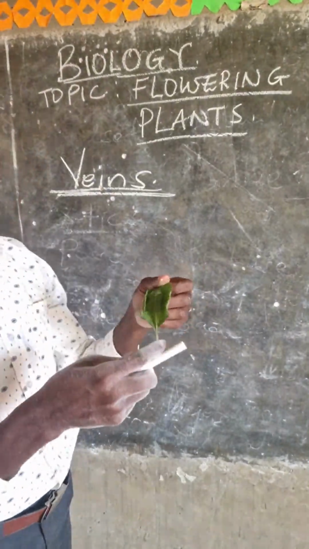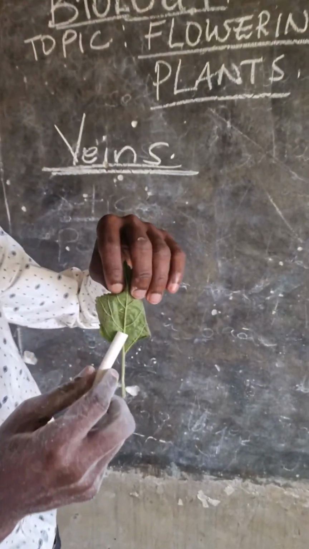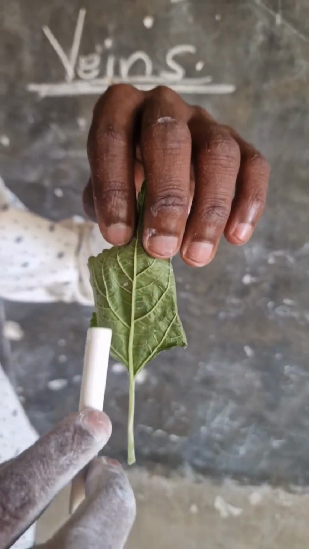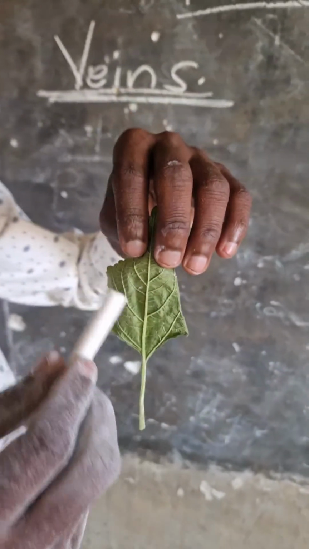Even this one, this is the main vein, the midrib. These are veins, and these are some branches of veins, and the ones we are going to look at.